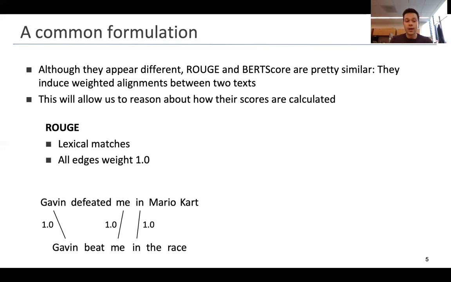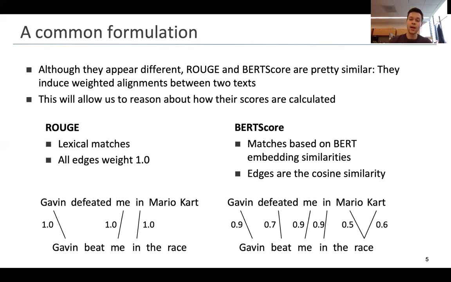And then the Rouge score is the sum of the weights divided by some constant for normalization. BERTScore does something similar, except the matches between tokens are based on their BERT embeddings, and the edge weights will be the cosine similarity.